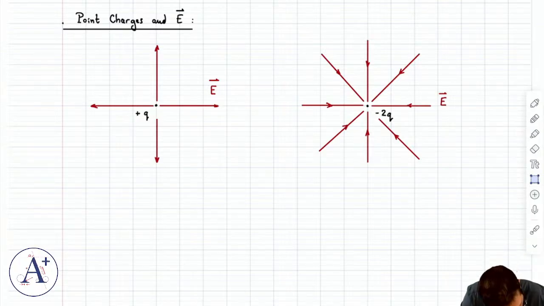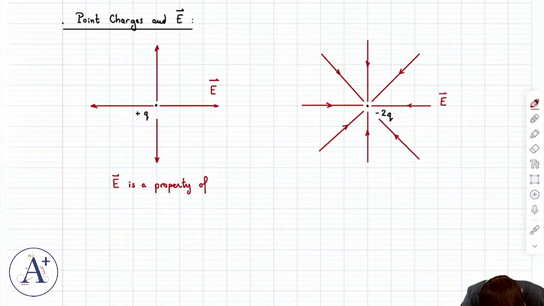Okay, so the electric field E is a property of the space surrounding charge.